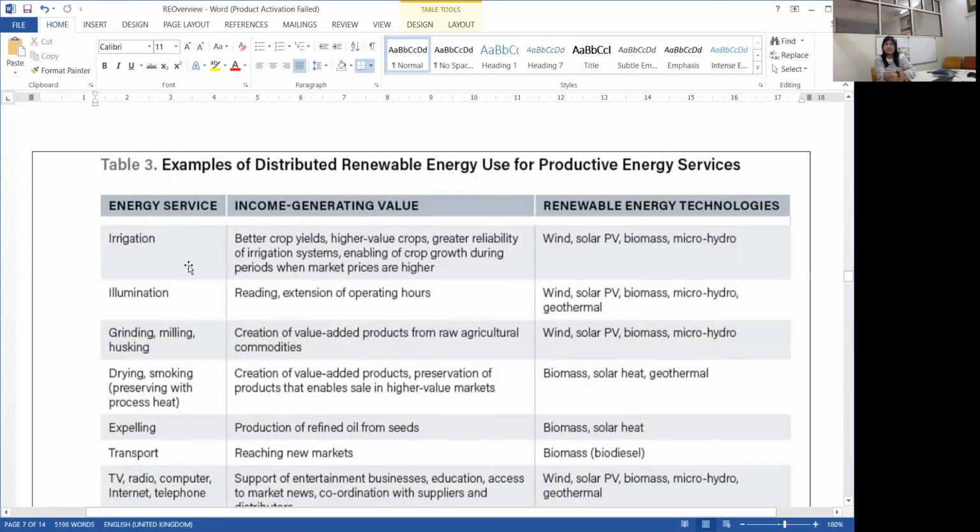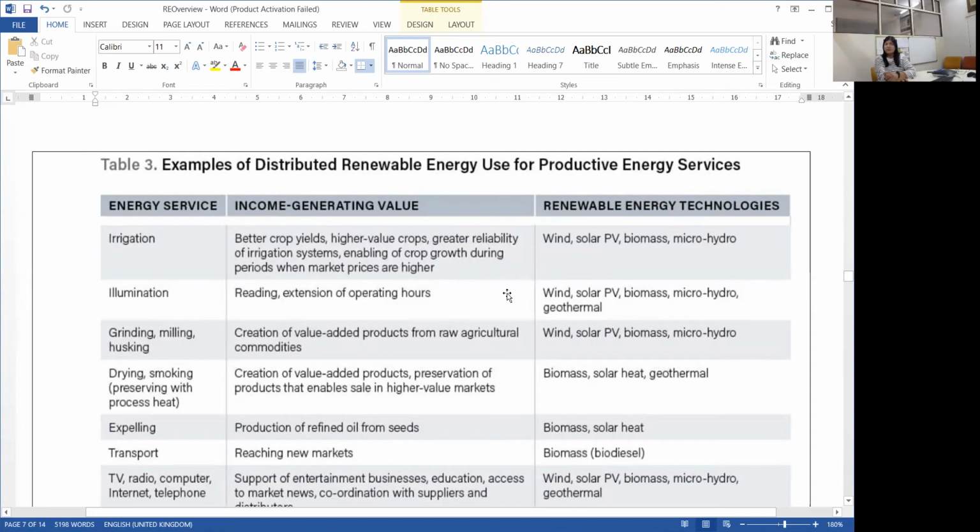For instance, irrigation can help grow better crops and high value crops, then greater reliability of the irrigation systems, enabling crop growth during periods when market prices are higher.